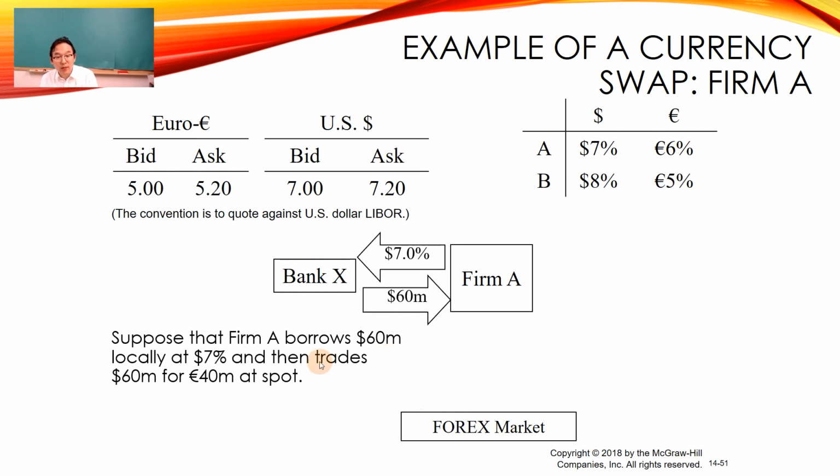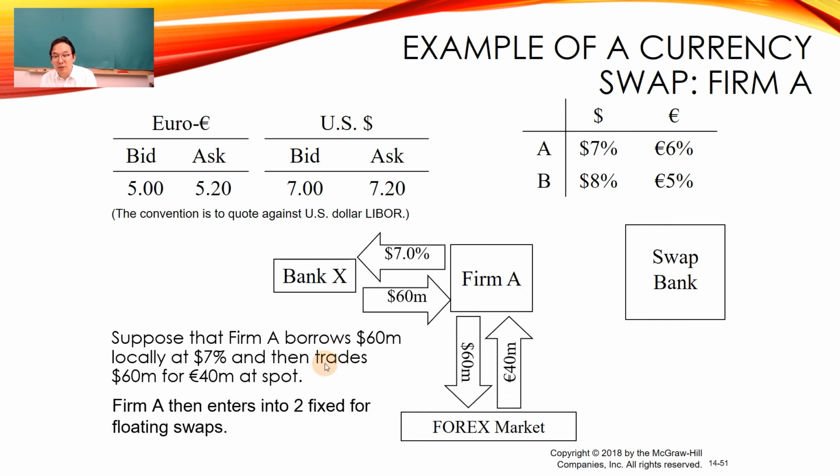With the $60 million, you have to exchange it in the forex market, convert it to 40 million euros, and bring it to your subsidiary company. Then the swap bank gets in, maybe Societe Generale again.